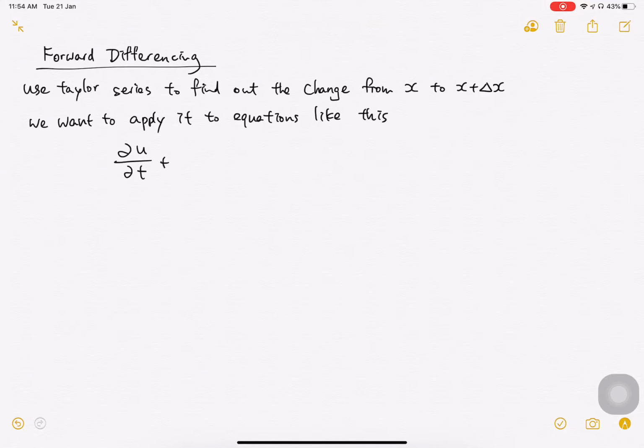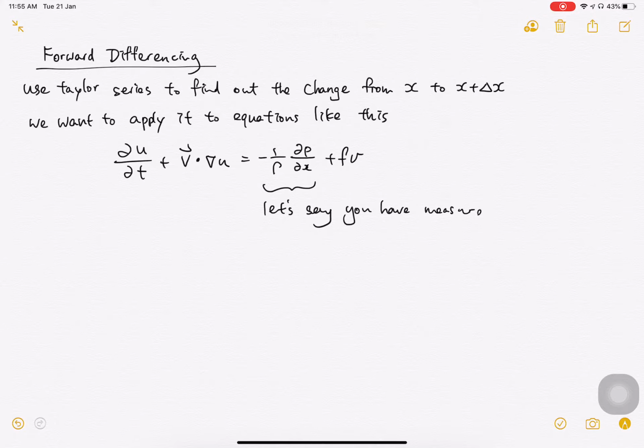For example, this is the momentum equation in the x direction. Let's say you have measurements of pressure.